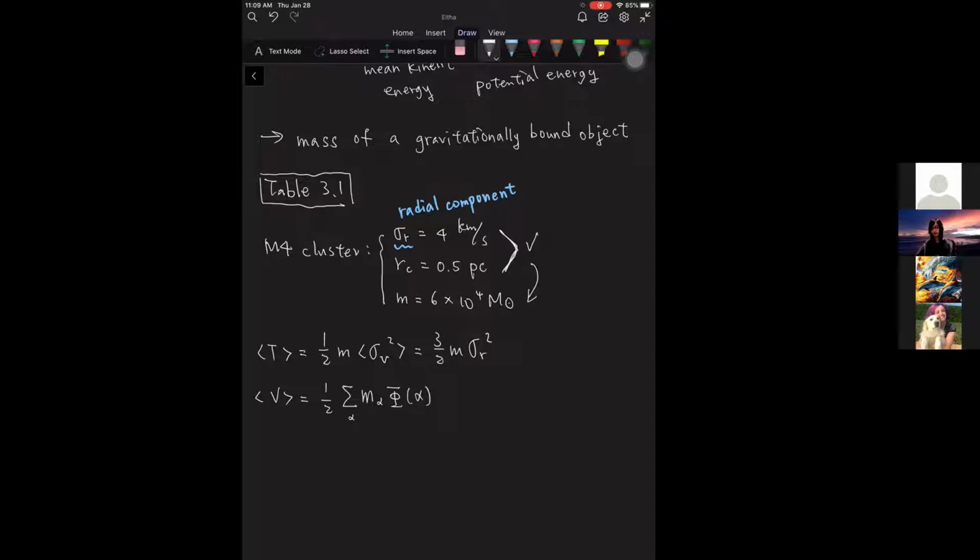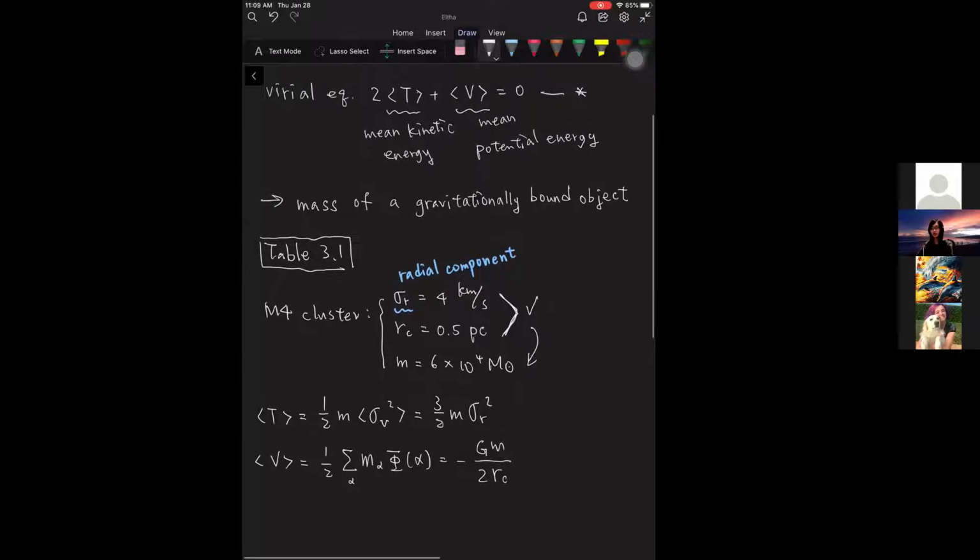It would be 1/2 times the summation of m phi in this system. And so this will be negative G M squared over 2 times the core radius. All right, so very simple.